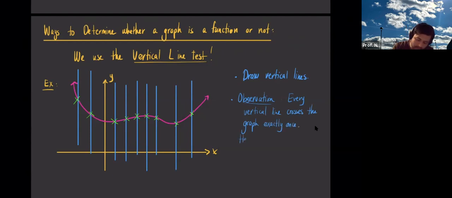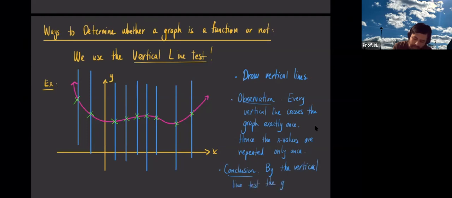Hence, the x values are repeated only once. So then what's the conclusion? By the vertical line test, the graph is a function, or the graph represents a function.